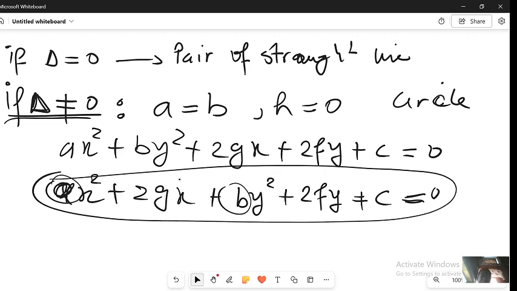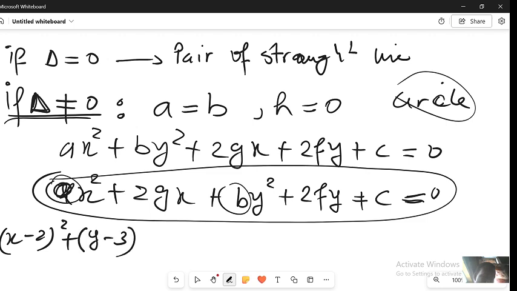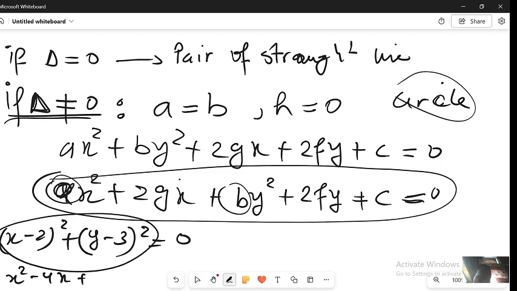It's like when you have, for example, (x minus 2) squared plus (y minus 3) squared equal to 0. This one is an example of the equation of a circle with center (2, 3). If I want to develop this one, I'll have x squared minus 4x plus 4 plus y squared minus 6y plus 9. So we have the coefficient of x squared, of x, of y squared, of y, and the constant, the same as this one.